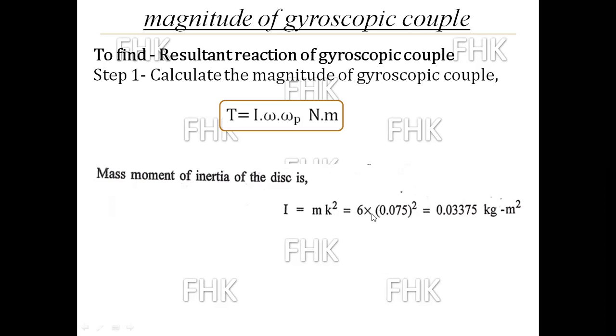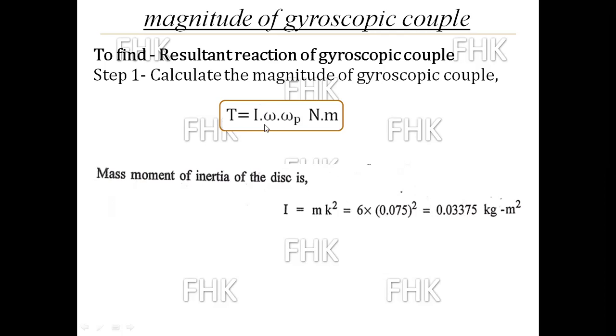Solving the equation, I get the mass moment of inertia I as 0.03375 kg meter square, where kg is the mass of the disc and the radius of gyration is in meter. So the value of I is 0.03375 kg meter square.